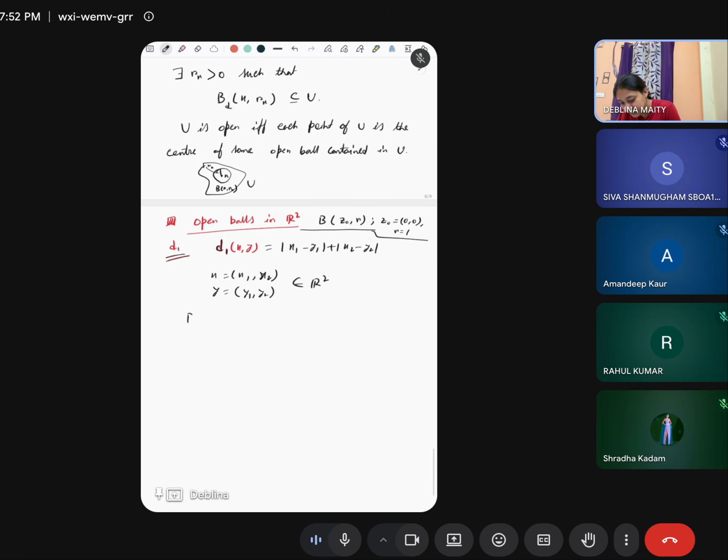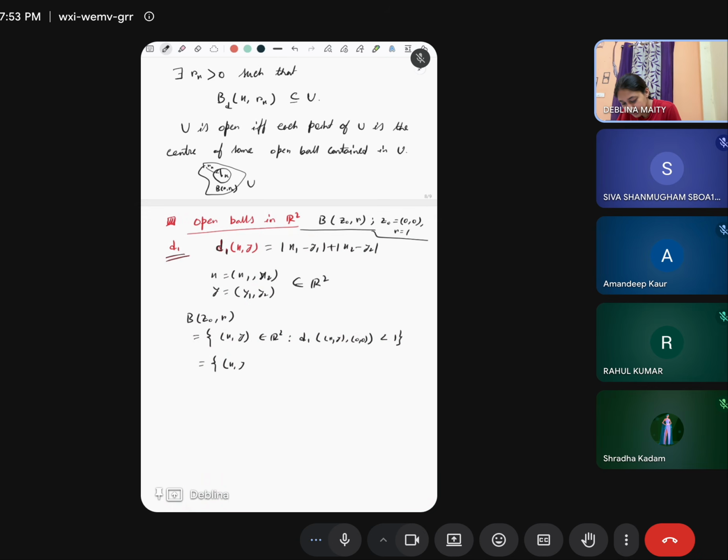So what is B(z0, r) here? It is the collection of all (x,y) in R2 such that the distance d1 between (x,y) and (0,0) is less than 1.